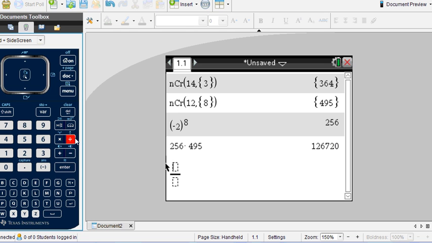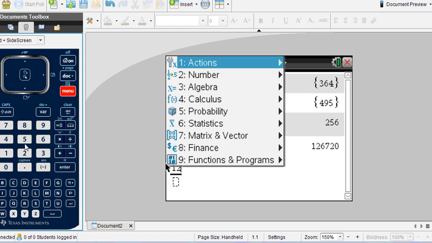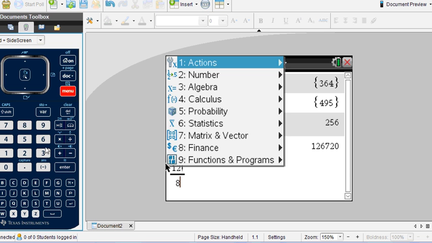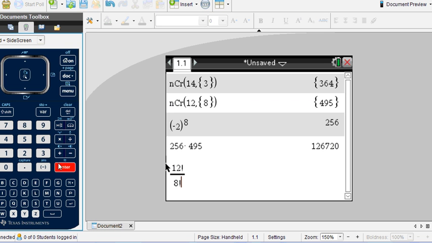If you go to create a page here, a quotient, we're going to have n is 12, and that's going to be factorial, which is going to be 12 times 11, and so on, over 8 factorial, times 12 minus 8, and then outside we make this a factorial as well.